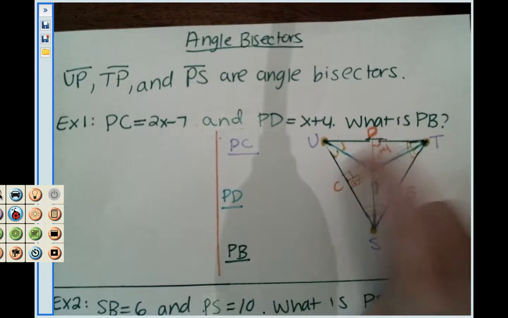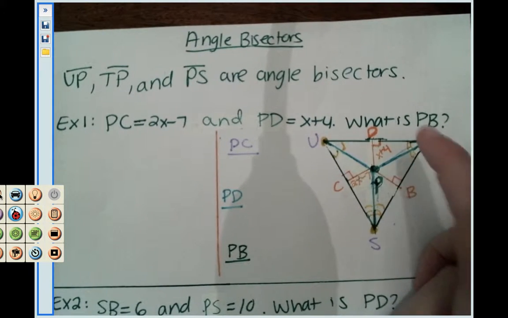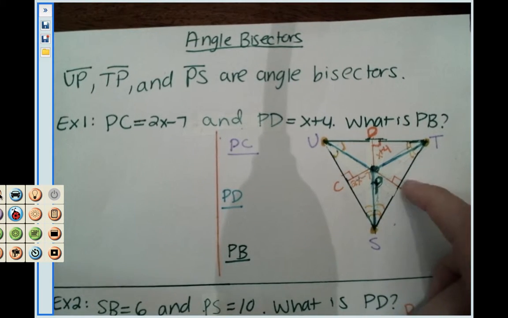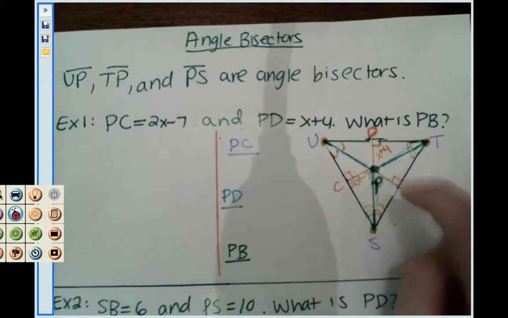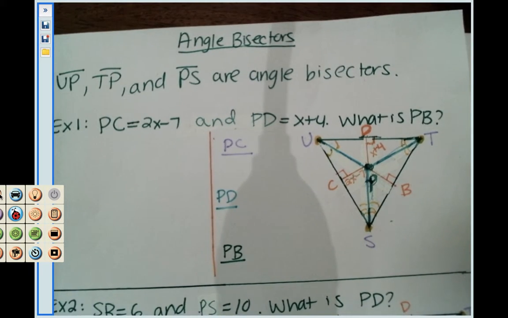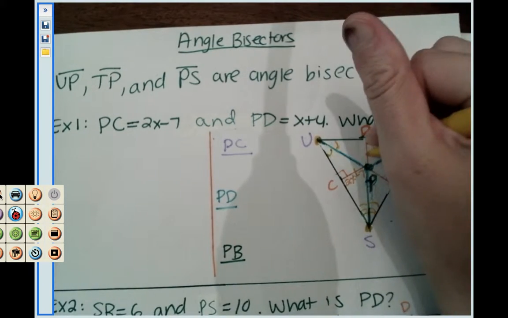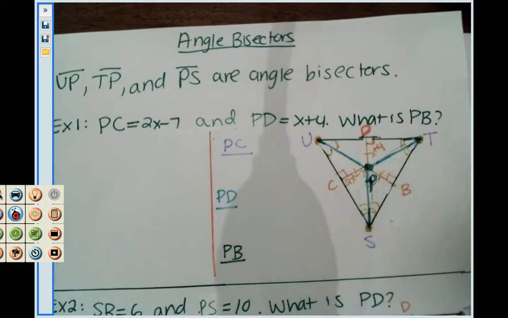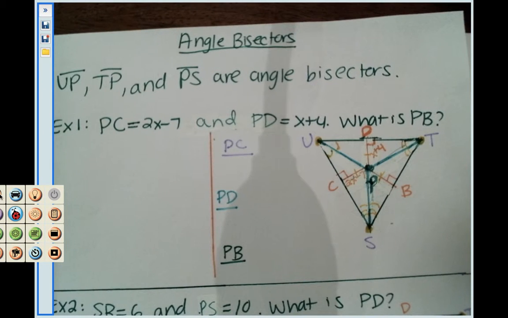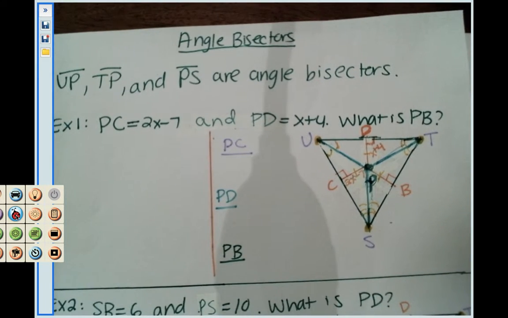Well, I have three perpendicular segments, which I know are perpendicular because when they hit the side of the triangle, they form a 90-degree angle. Whoa, right? So, since these three segments are perpendicular based on the in-center theorem, I know that they're congruent. So I'm going to mark that in my picture. This segment is congruent to this segment, which is congruent to that segment. I was given information about this segment, so I think that's what's going to be helpful in solving this problem.